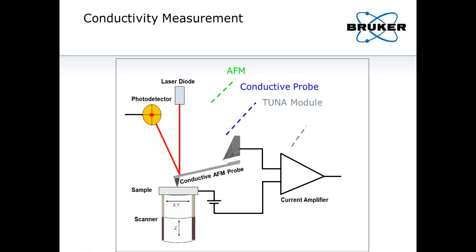Just imagine if you have a probe that is also conductive, and while you are imaging, you can also have current flowing through this probe. You apply a bias between your sample and tip, and then current will flow. You have a current amplifier. Then you can measure what? You can measure conductivity for the sample.